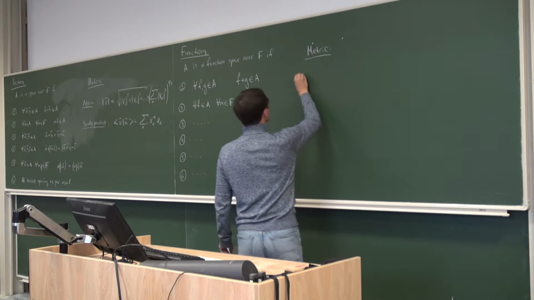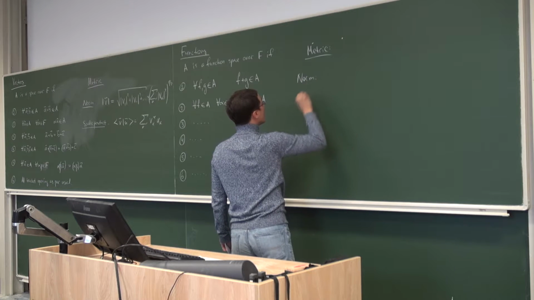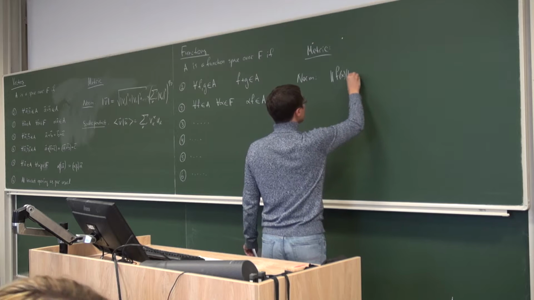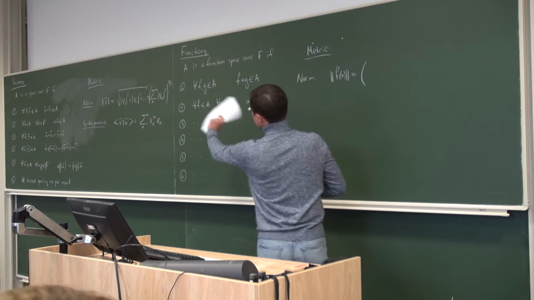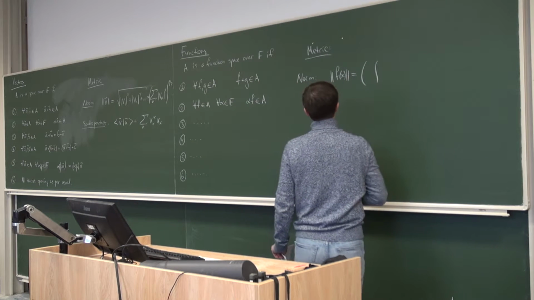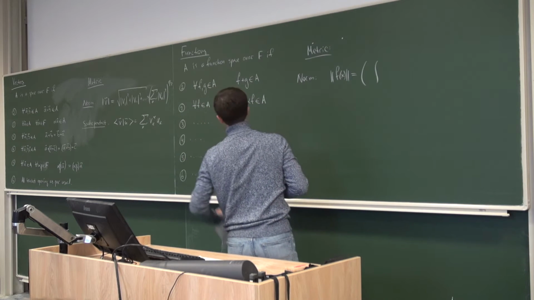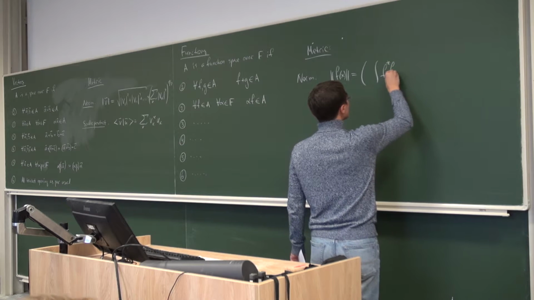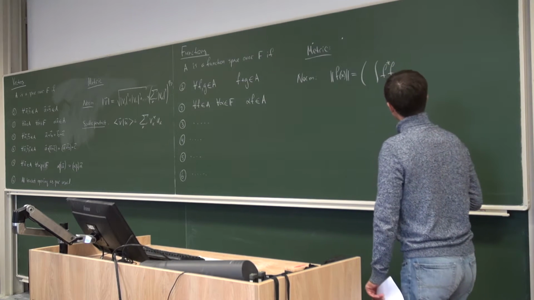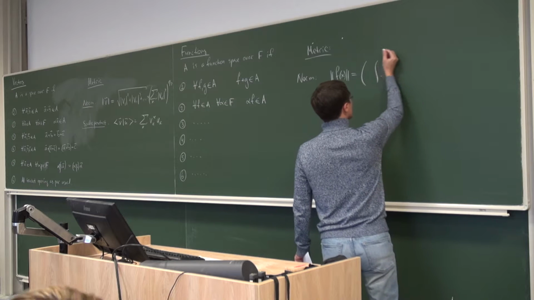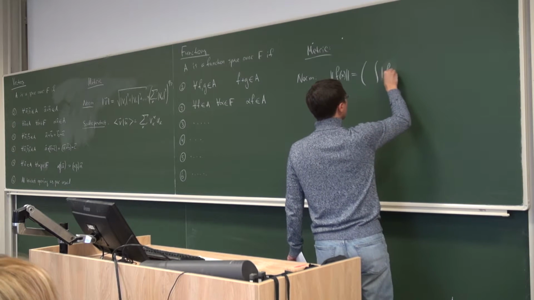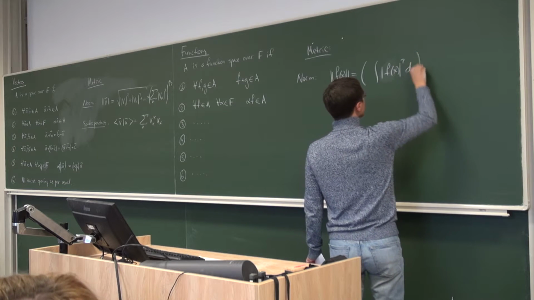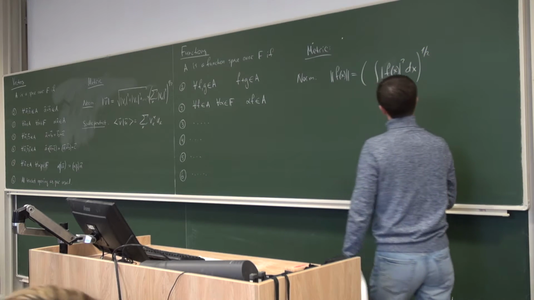So the norm of a function, for example f of x, will be the sum becomes an integral, and then we have the function absolute square, f conjugate f will be the absolute square of f, so let's just write it like that. |f(x)| squared dx, square root.